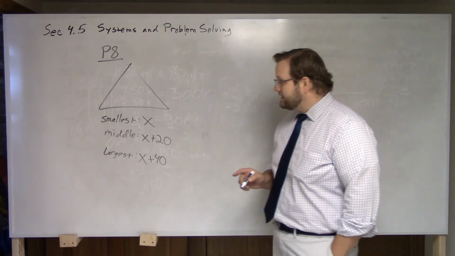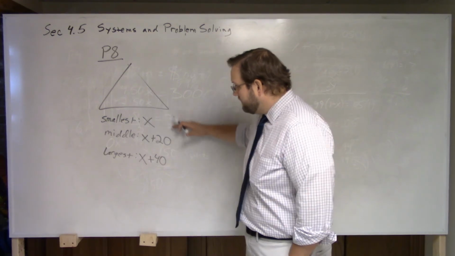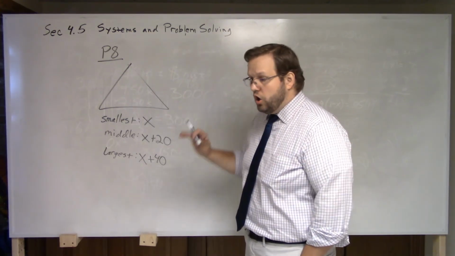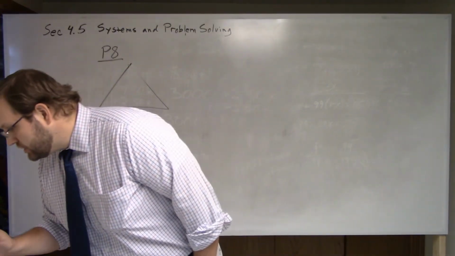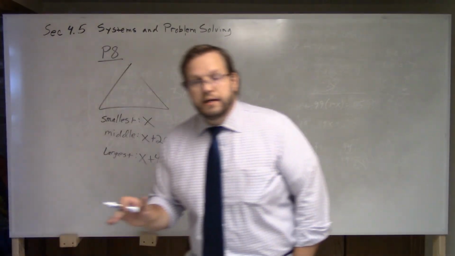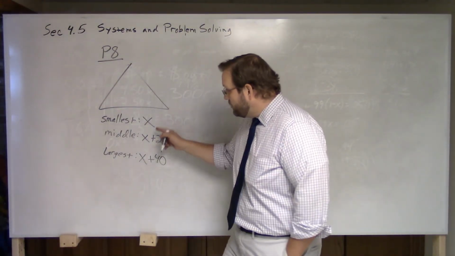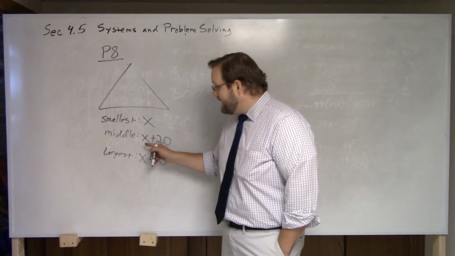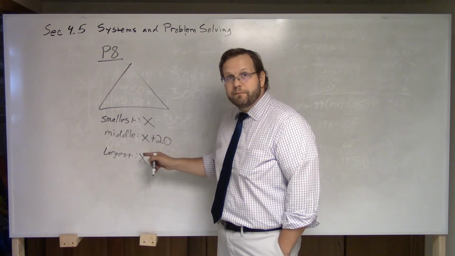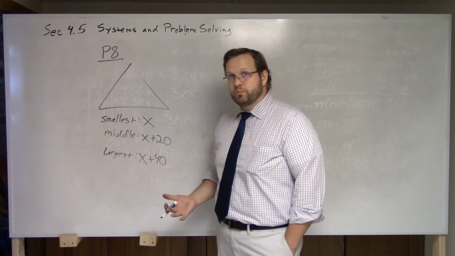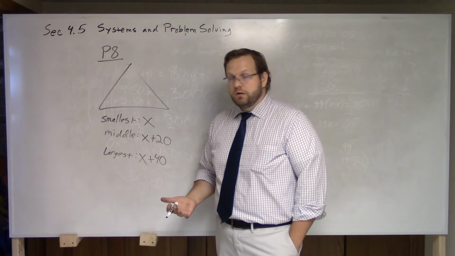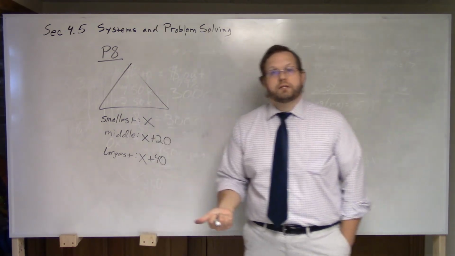Now, in this case, we have 3 angles, all referencing the smallest angle. Okay, so notice how we were able to write and describe each of these using the same variable. Do we need a system with that? In this case, no. Okay, what do we know about all 3 angles of a triangle?